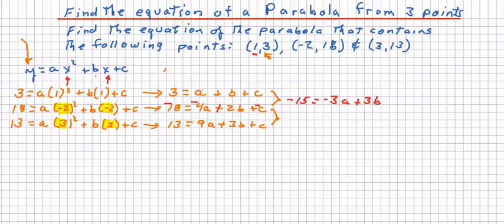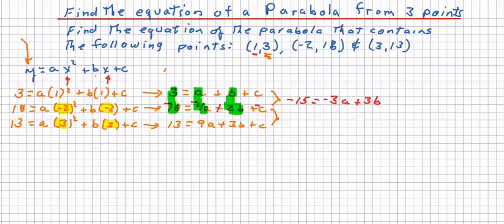Negative 15, we'll use a highlighter. These added up is negative 15. These added up is negative 3a. And these added up is 3b. The c's cancel. Gone for good. All right?